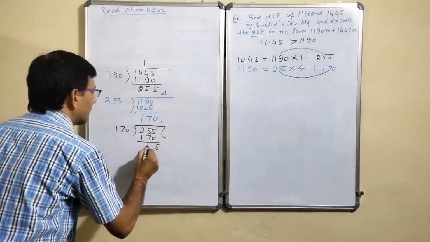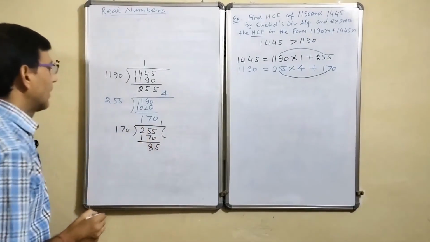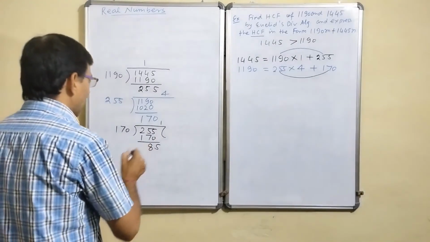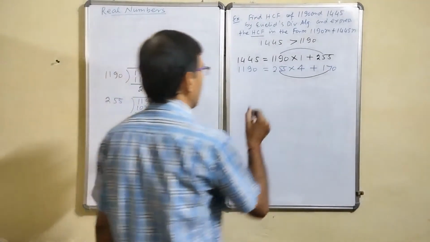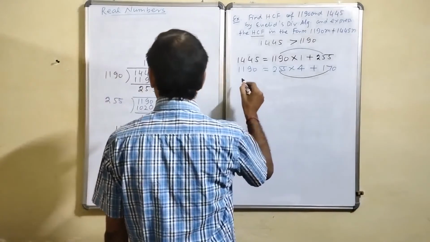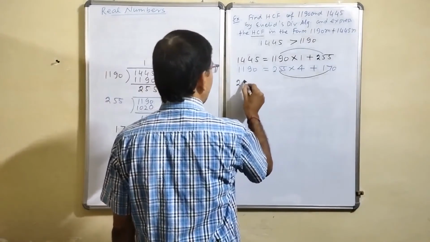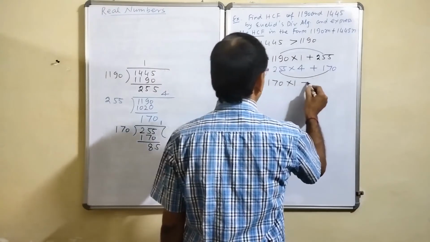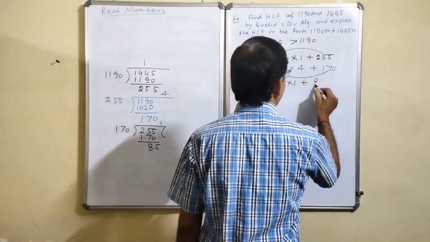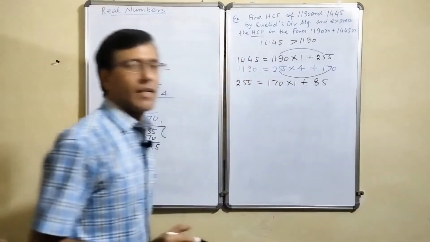Remainder is 85. So 255 is equal to 170 into 1 plus 85. Again the remainder is not 0.